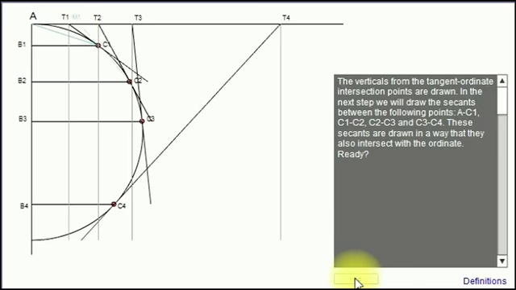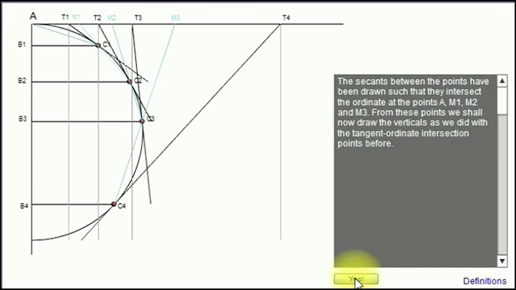So we draw these out, and we name these intersection points of the secants with the conjugate axis M1, M2, and M3. Where the secant of the first point and the apex point of the circle intersects the conjugate axis, at the origin point, we're just going to name this point A, because it's the origin of our axis construction, and it's also the apex point of the circle.